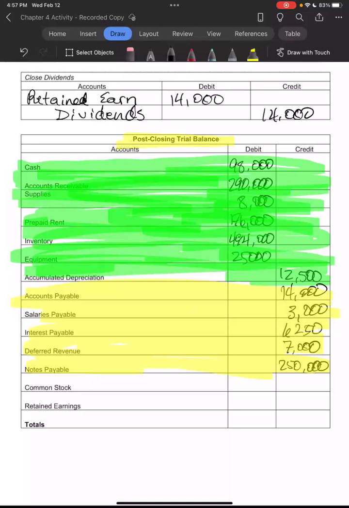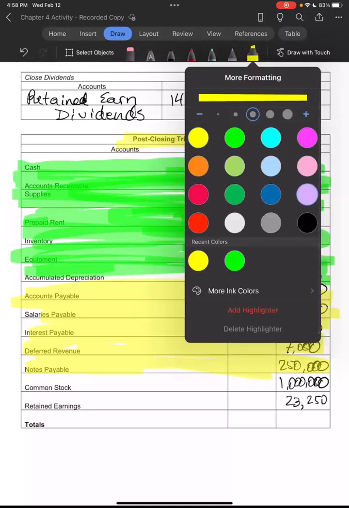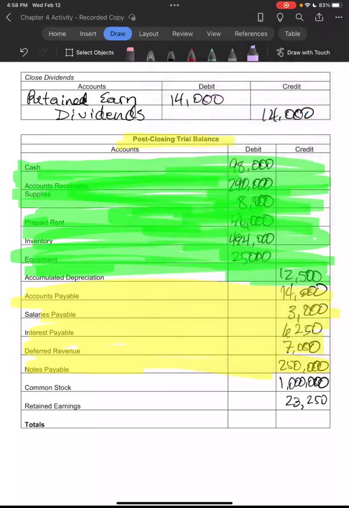And finally, we'll look at what was our common stock. Well, common stock was $1 million. That didn't change. And retained earnings ended up being $23,250, okay? This is your equity from your balance sheet. The key that I'm trying to get to here with this post-close is only balance sheet accounts remain.